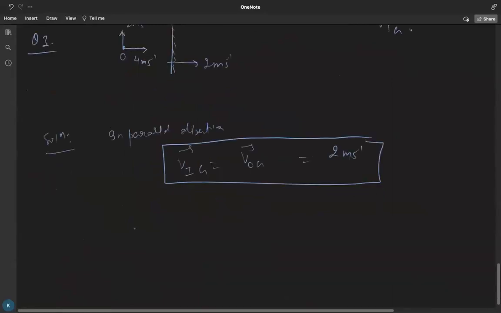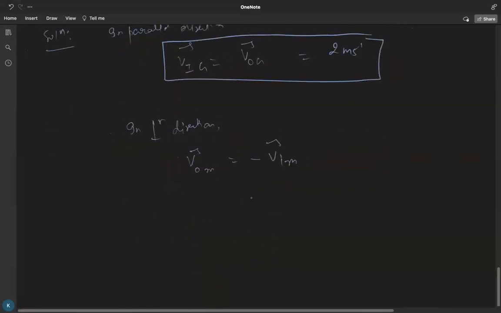Now, let's move to the perpendicular direction. In the perpendicular direction, we all know that velocity of object with respect to mirror is in the inverse direction of the velocity of image with respect to the mirror. Or you can say that velocity of object with respect to ground plus 2 times velocity of mirror with respect to ground is equal to velocity of image with respect to ground.